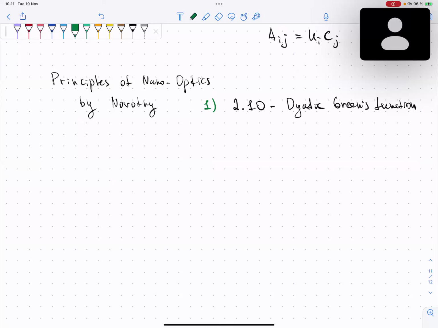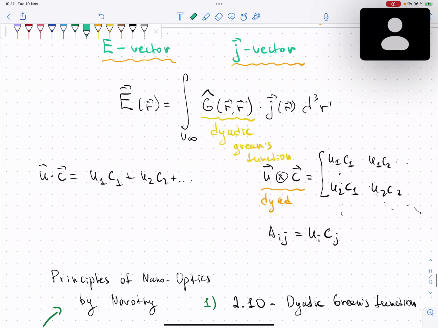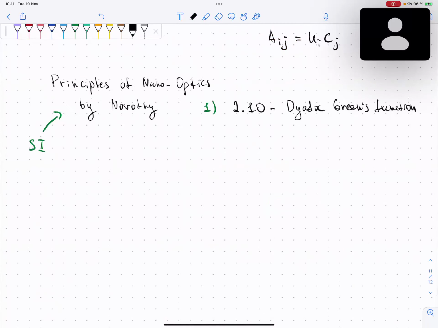I just want to comment that here he writes everything in the SI system of units, and I write everything in CGS. So the notation may be a little bit different, but basically you can find the mathematical formalism here, some basic math of the Green function.